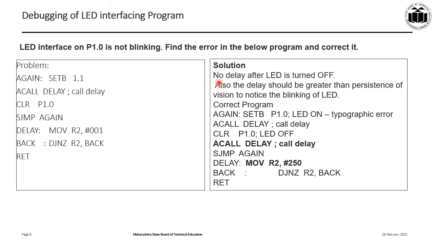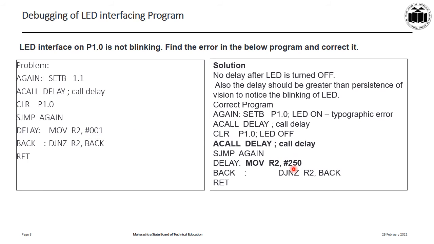Solution we have here. No delay after LED is turned off. So there is a delay here, but there is no delay after this. So the LED is turned off here, but there is no delay. Also, the delay should be greater than persistence of vision to notice the blinking of the LED. So the delay is very small.